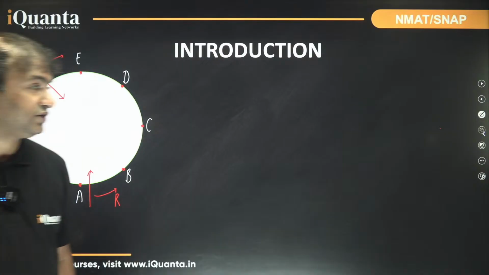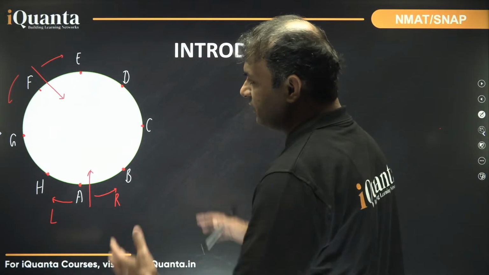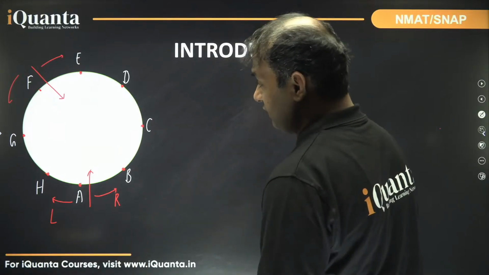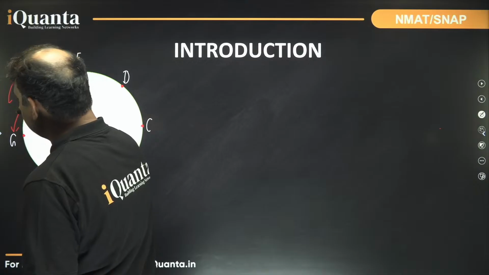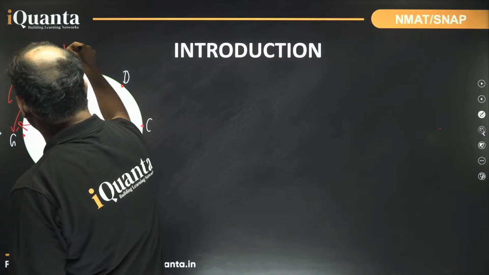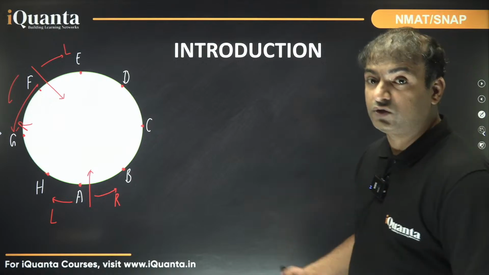G, yes, that's true. The right of F is actually G. Again, assume for a while that we are standing at the place of F. So our right hand will go towards G and the left hand would go towards E, right? So the right of F must be G if F is facing towards the center, right?